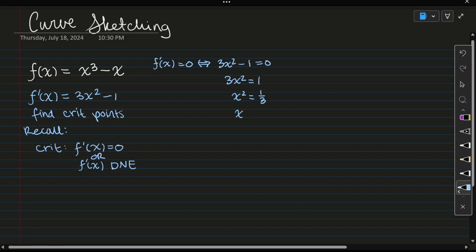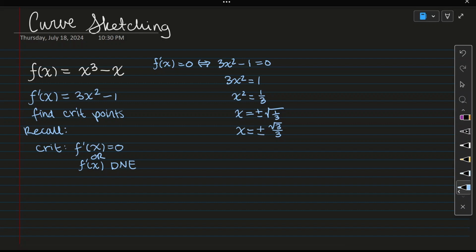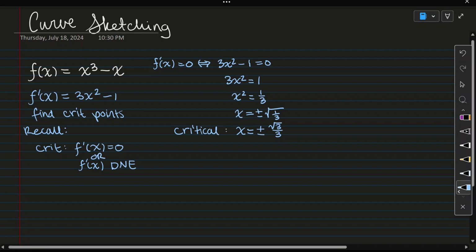And then x will equal plus or minus the square root of 1/3, which, if you want to simplify, is plus or minus the square root of 3 over 3. Okay, so this is giving us our critical points.